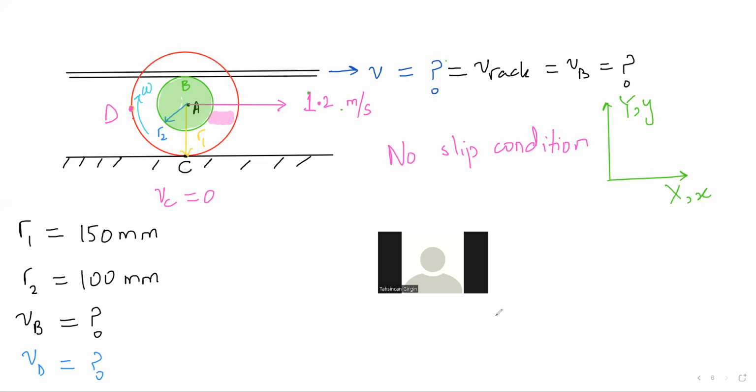So write VA equal to VC plus omega AC cross position of A with respect to C.